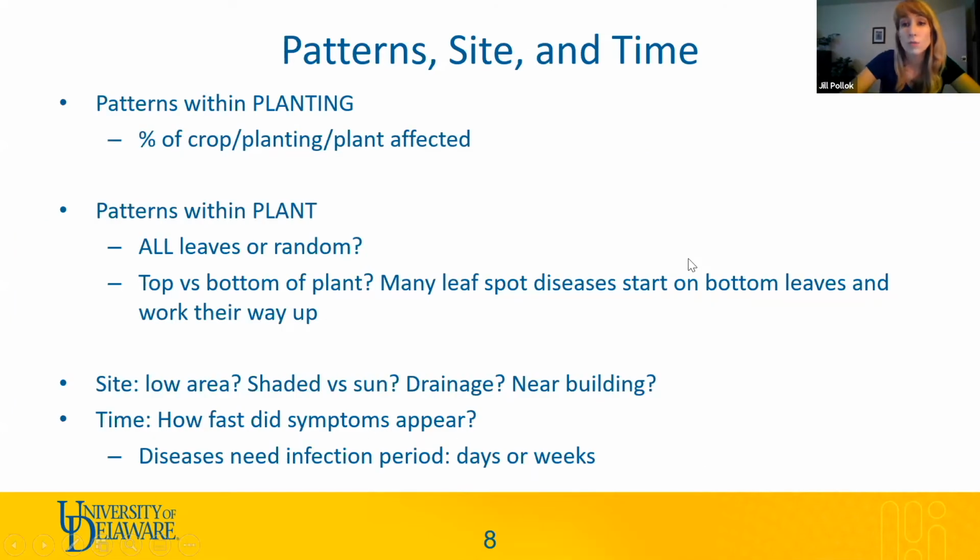Another thing that's really important to look at in diagnostics are patterns, which is why I love to get pictures with samples. An email with a picture can be so helpful. Looking at the percent of the crop that's affected, or even the percent of the plant. So I look at patterns within a whole planting and also on a plant, what the pattern is.